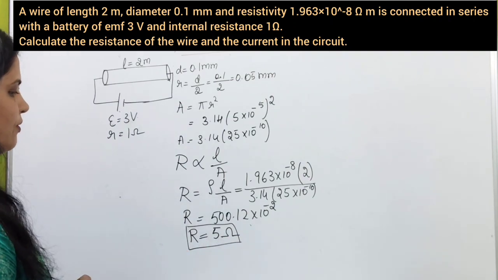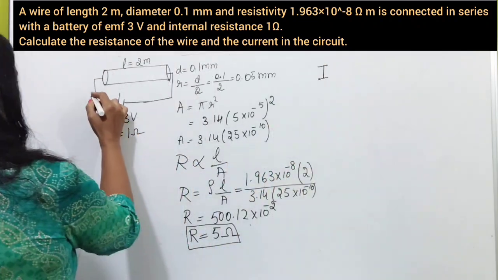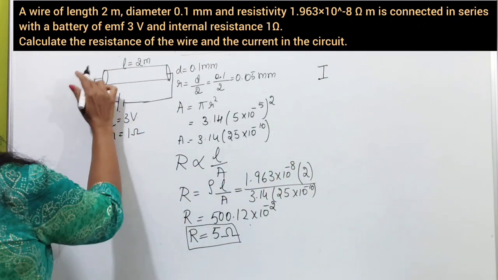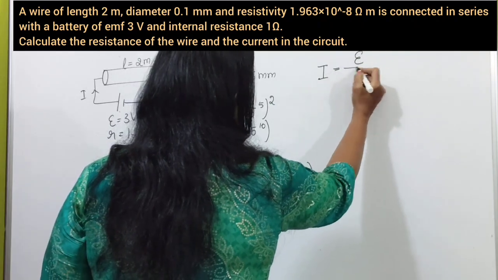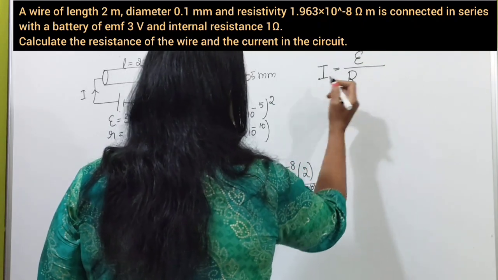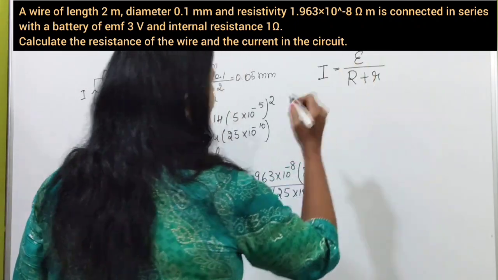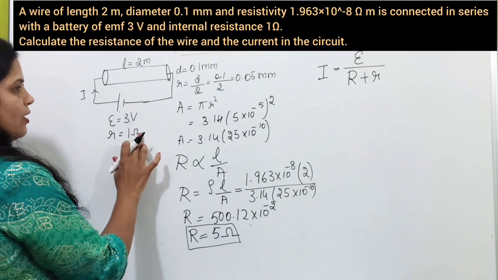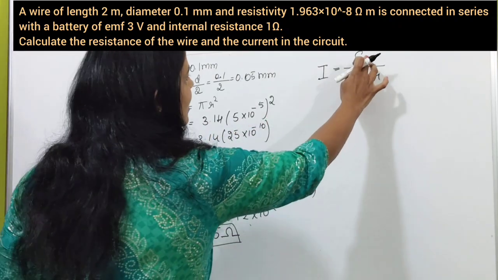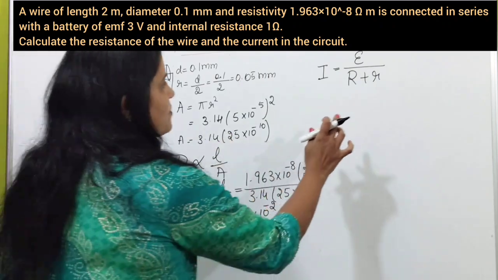5 ohm is enough. Now, we need to find out the current flowing through this wire. How to calculate current? It is EMF divided by resistance of the wire plus internal resistance of the battery. Suppose internal resistance is not given, then you can write only E by R. If internal resistance is mentioned, then substitute that here.